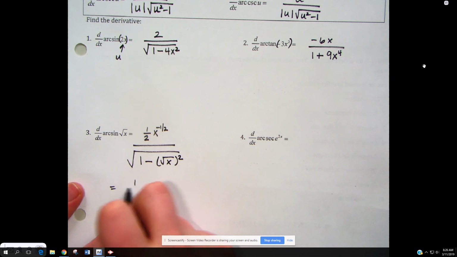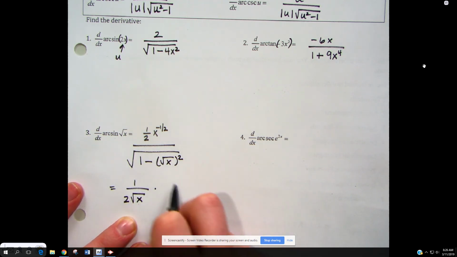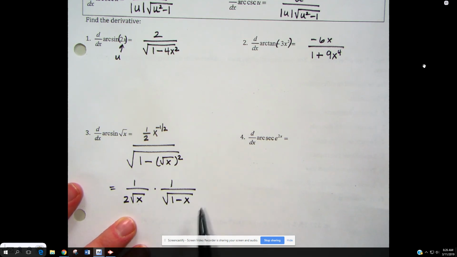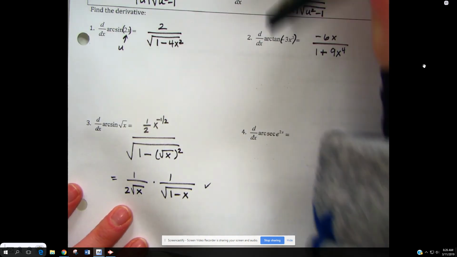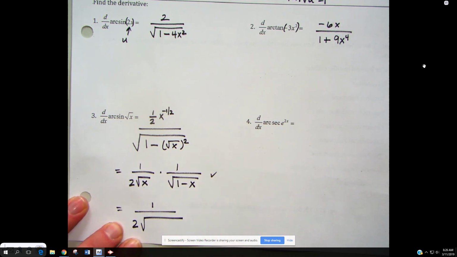The numerator would be 1 over 2 roots of x, and the denominator would be 1 over the square root of 1 minus just simply x, the square root squared. You could write this different ways. You could write it just like this and finish right here. If I peek at the textbook where I pulled this from, they combined a little bit more. Not 100% necessary, but since they're both underneath, you could multiply them together, and it would look something like that.